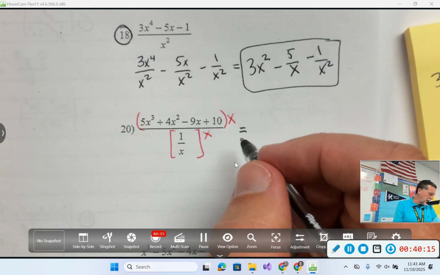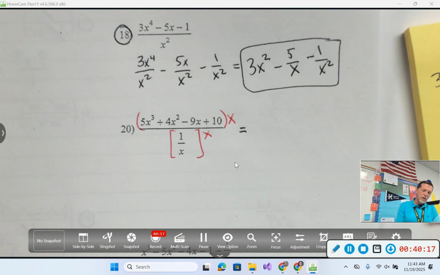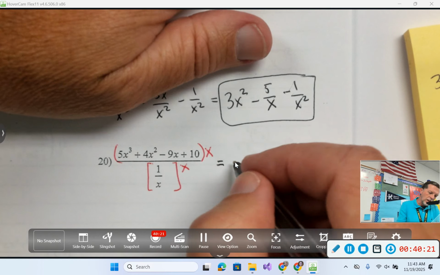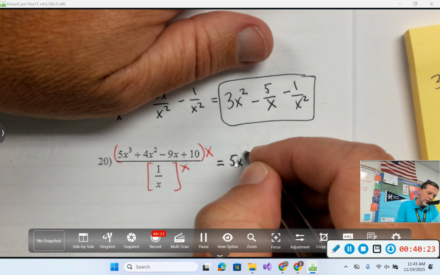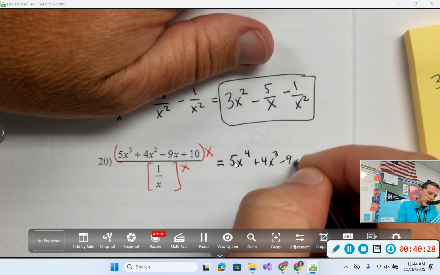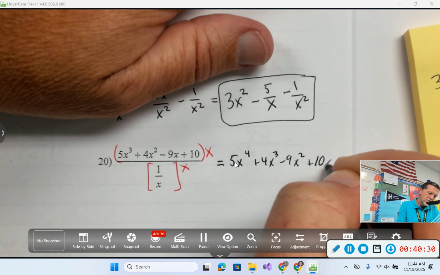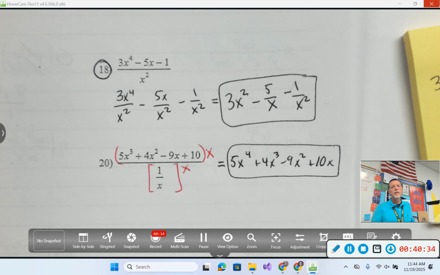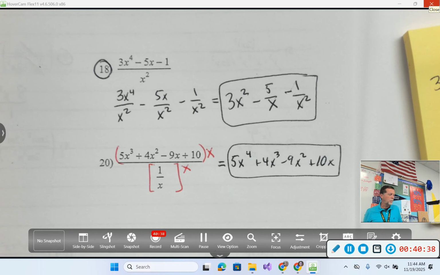So what does the denominator become? 1. So I'm not going to write that because dividing by 1 doesn't do anything. So all I really got to do is distribute that x to the top. That looked ugly and turned into not be so bad of a deal.